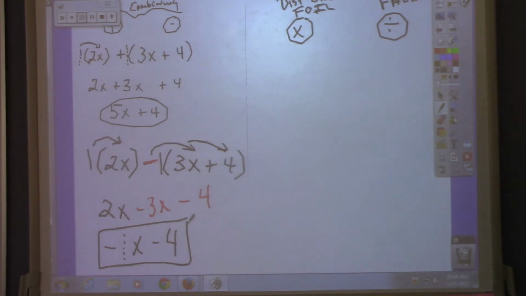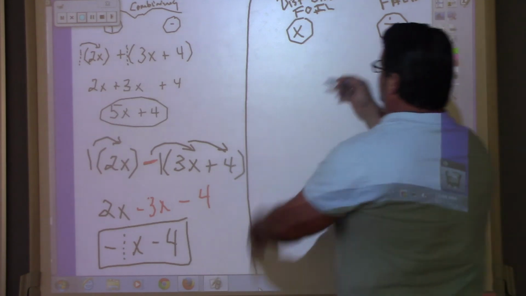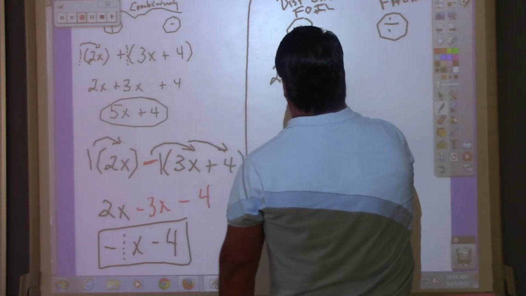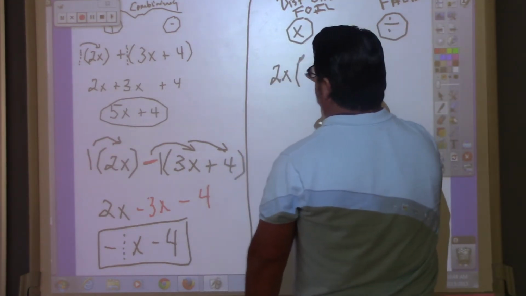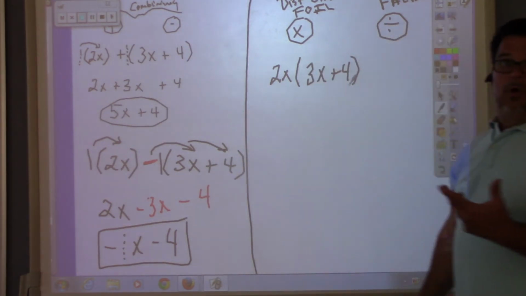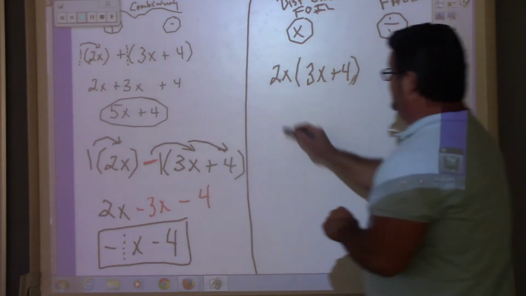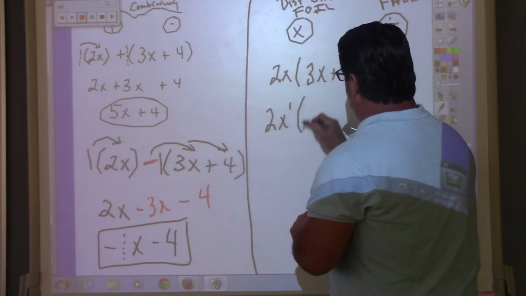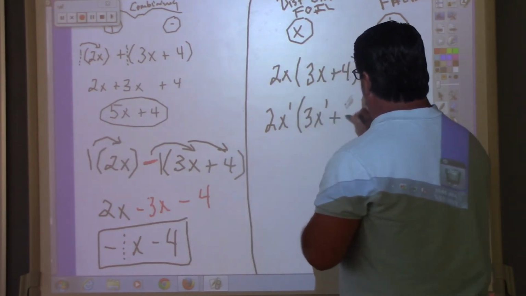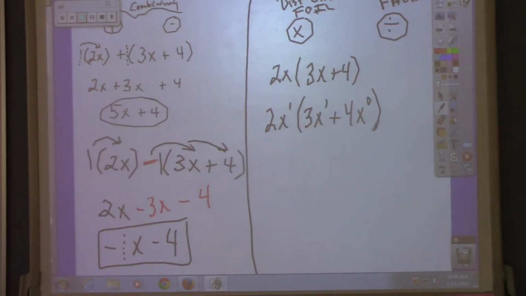Now when we take our jump from combining to the distributive law, 2x, we just don't have anything between the parentheses. And we use our exponential laws because technically this is what we have. And the only thing we do here is add the exponents. But students somewhere forget this.